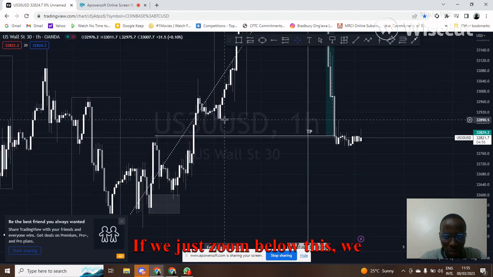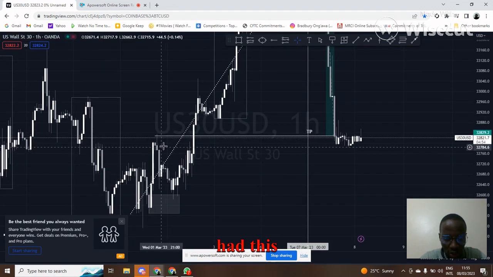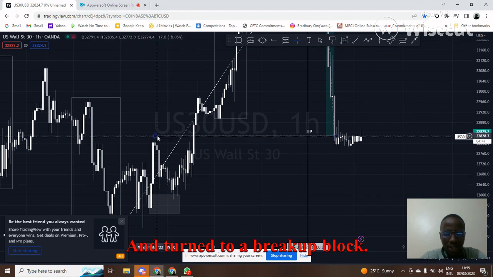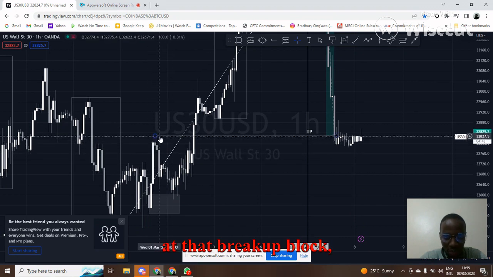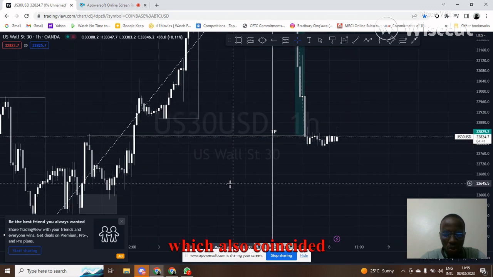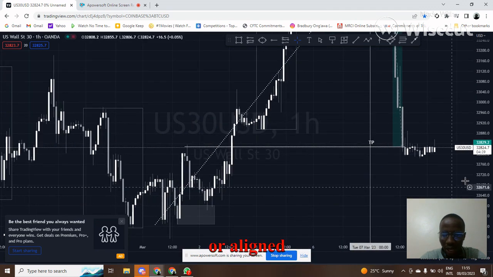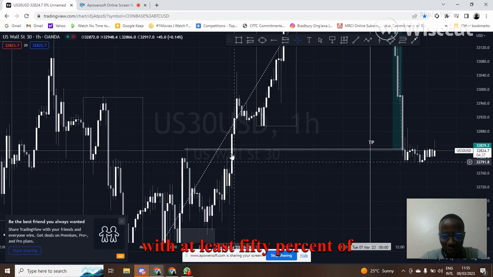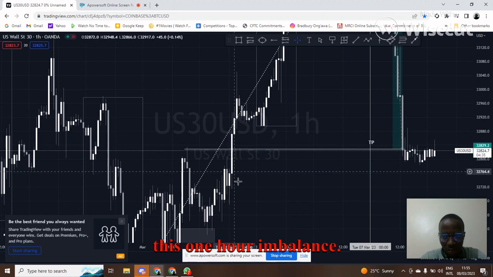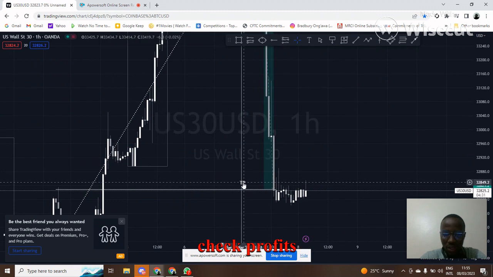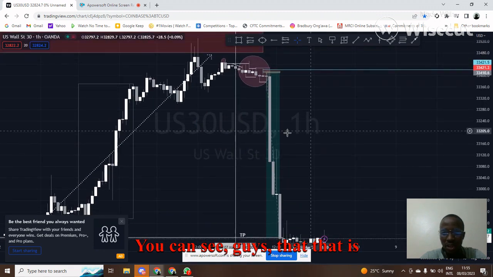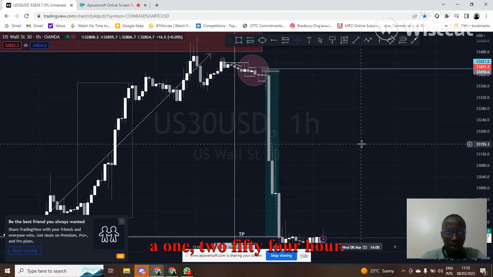If you zoom below this, we had this order block which was violated and turned into a breaker block. So my TP was just at that breaker block, which also aligned with at least 50% of this 1 hour imbalance. So that's why I took my take profit. You can see, guys, that is a 1 to 54 RR.